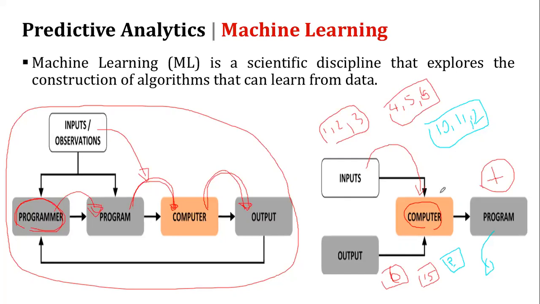Now the computer is able to tell, okay, the answer is 33. So this is what we do in machine learning, right? We make the computer intelligent. We make it learn using the data. We don't give the instruction.